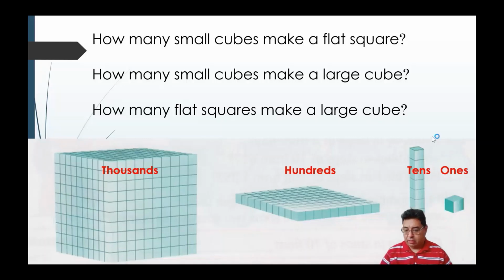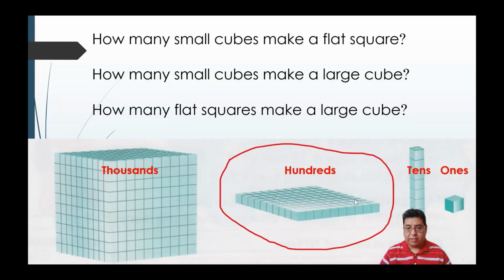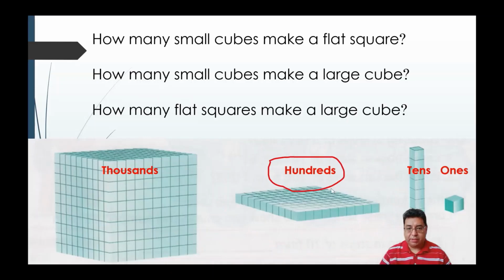So what they're asking is, how many of these small cubes here make a flat square? The flat square here is represented by the hundreds, as you can see. So how many does it take? Well, it takes 100 small cubes to make a flat square.